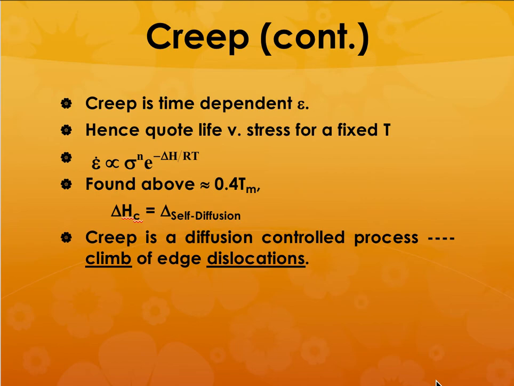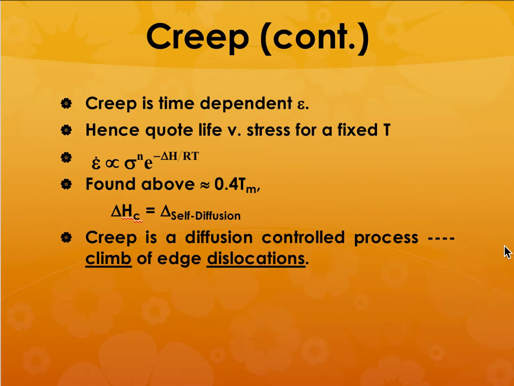So what are some of the important points to understand? An important point to understand is that creep is time dependent strain. Therefore, you can quote life versus stress for a fixed temperature. I know that it says here approximately 0.4 melting point, but it is 0.5. Really speaking, it is half the melting point.